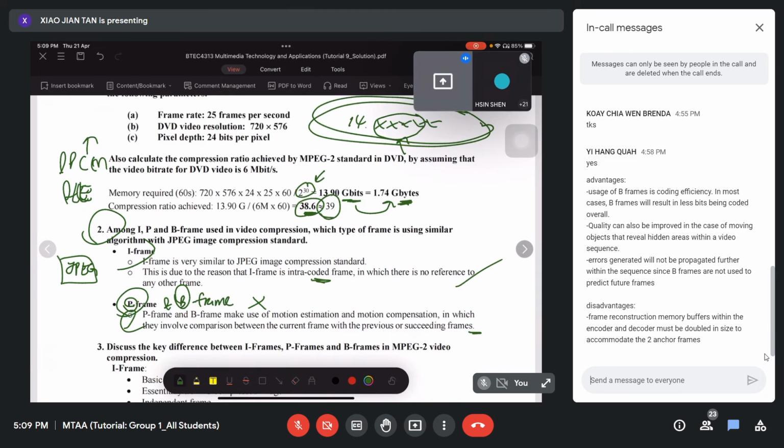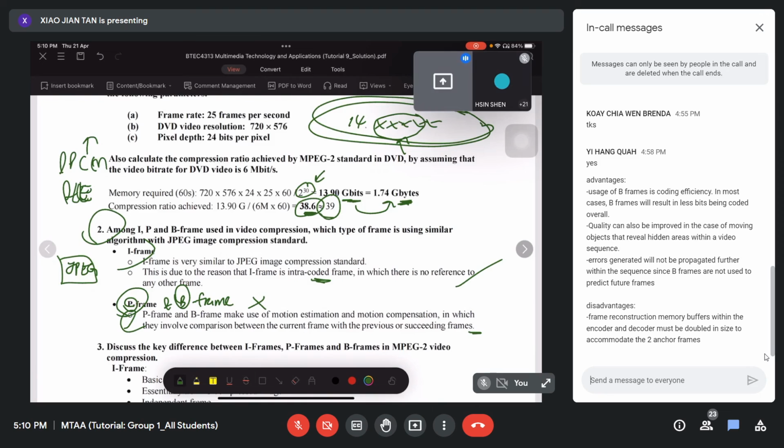Among I, P and B frames used in video compression, which type of frame is using a similar algorithm to the JPEG image compression standard? Among I, P and B frames in video compression, which type of frame is using a similar algorithm to the JPEG compression standard?